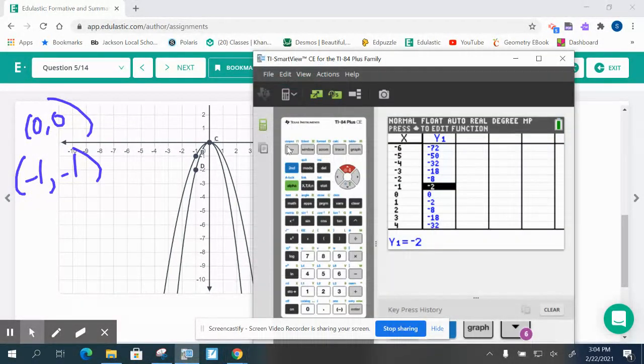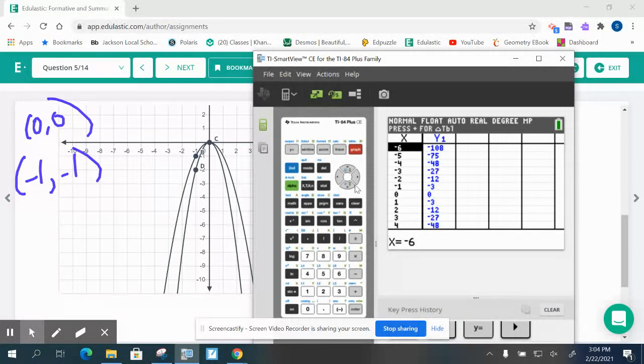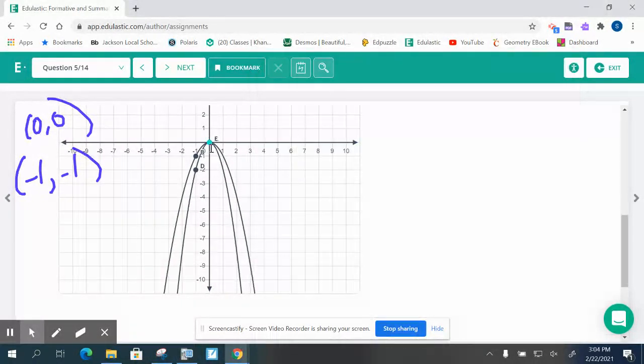Okay, guess what's going to happen if I replace the 2 with the 3? Okay, let's see. Second table, vertex is still at the origin. If I go 1 unit away from the vertex, we're at -3. Okay, so we'll plot 0, 0, then -1, down 3. And you can guess it, the next one, negative 4x squared, will be at 0, 0 over 1, down 4.